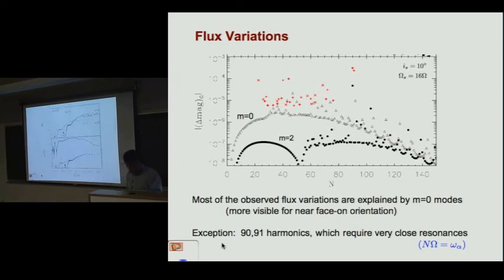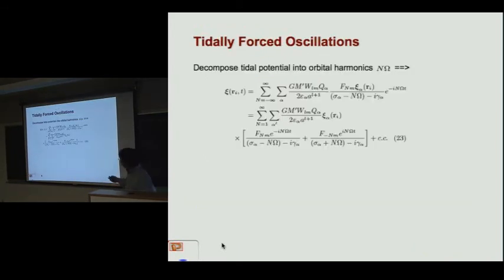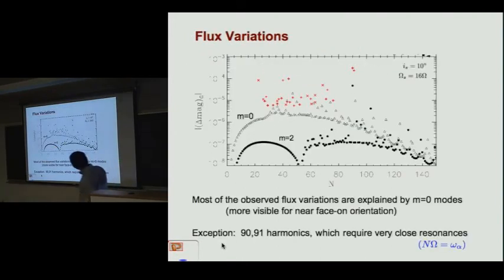When you have an eccentric orbit, you can decompose the tidal potential into harmonics of the orbital frequency, so n times the orbital frequency. Each harmonic will induce a forced oscillation. And so this is the flux variation as a function of these harmonics.